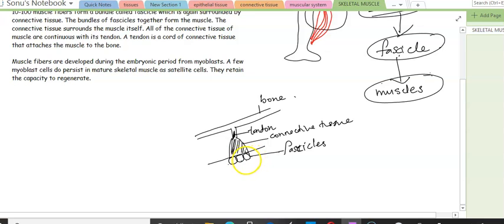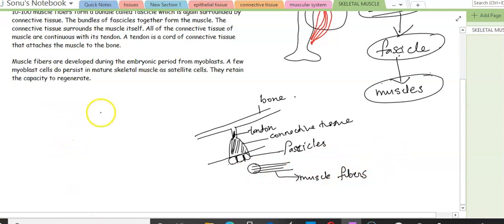So when I take one single fascicle, the single fascicle contains many muscle fibers. And between the fascicles there is connective tissue, and each muscle fiber is also covered by connective tissue.